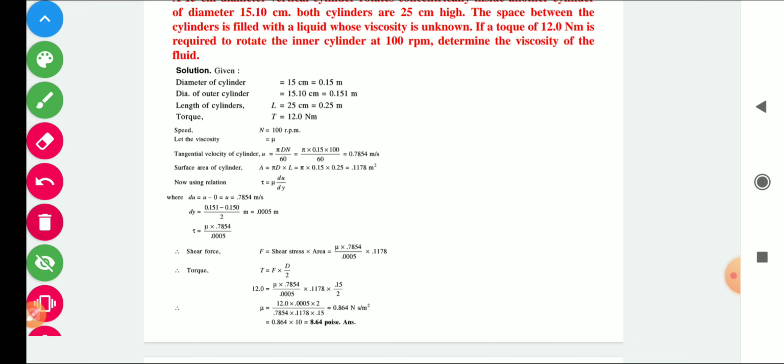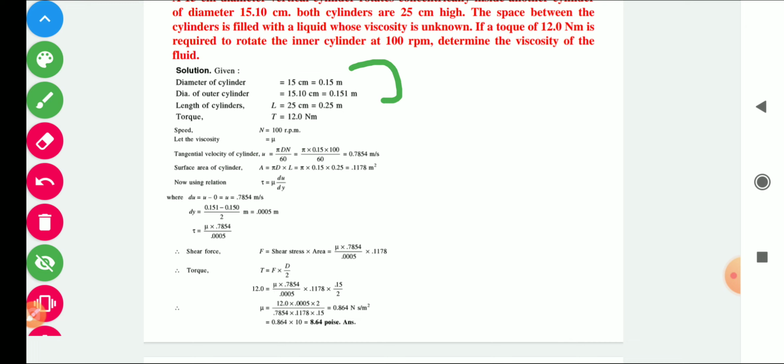Now finally use Newton's law of viscosity. The diameters of these two cylinders are given. So with the help of these two diameters, the difference between their radii gives the thickness of the fluid enclosed between these two cylinders.